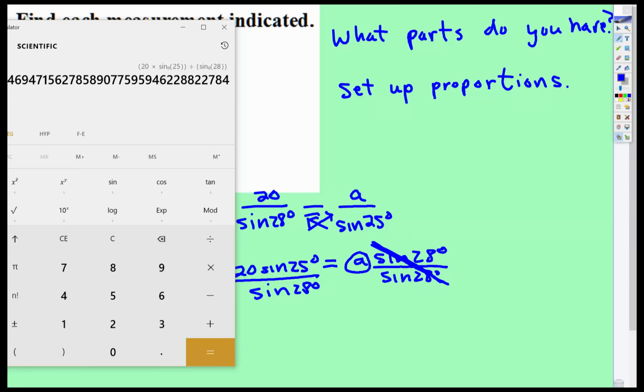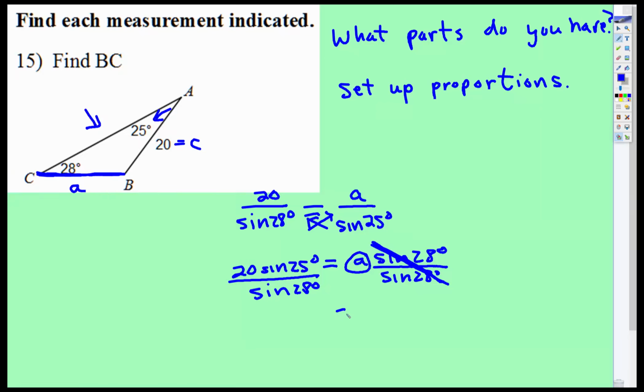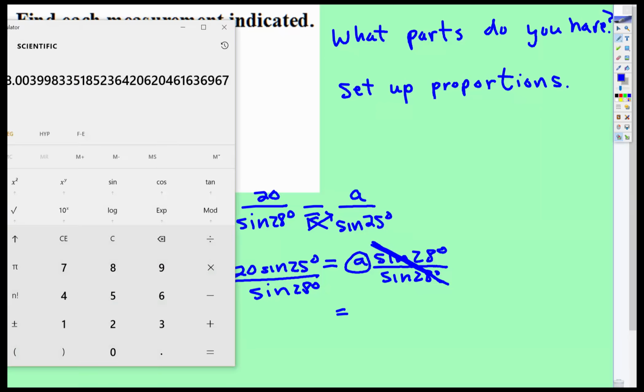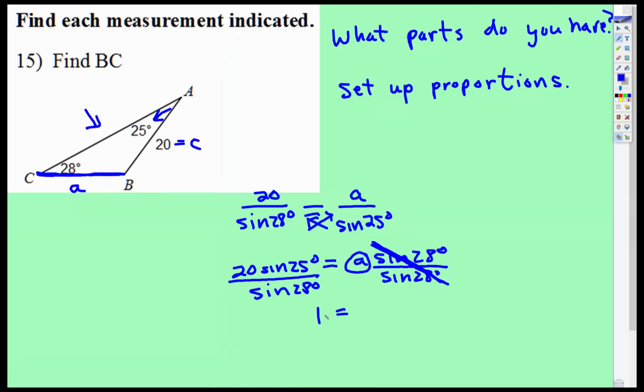Let's see if I typed it in correctly: 20 times the sine of 25 divided by the sine of 28. And what that leaves us, whoops, I didn't write it down, it's like 18, I think. It rounds to 18, so side A is about 18.